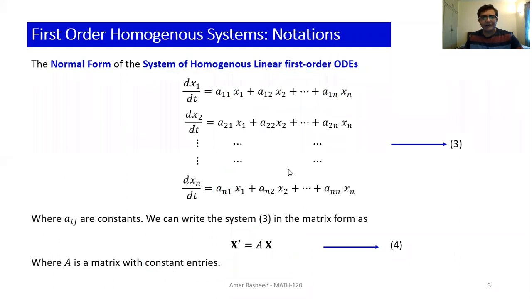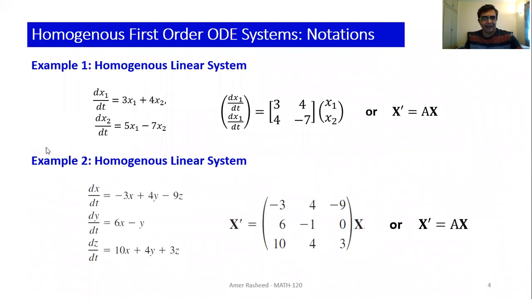Now, on the next slide, I have given you a couple of examples which later on we will solve. Remember that the coefficients are now only constants, and we can write this homogeneous linear system in this form.